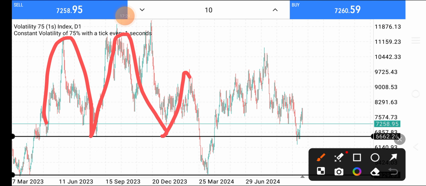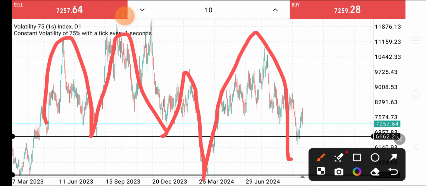From here, it was able to break from that level, but it was not able to break through this level. So it respected that second level again, pushed up again from here, came down again. It could not even break further, pushed up again. So it's a very strong level. You can call it a very, very strong level.